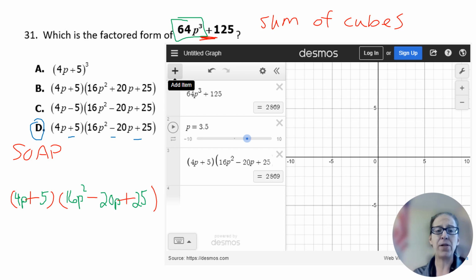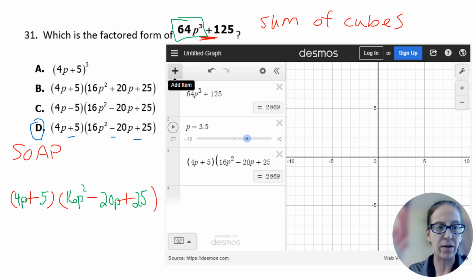Now, when I plug in my first answer choice, 4p plus 5 to the third power, what you can notice is that the two numbers don't match up. Now, if I slide them, you can tell both expressions are changing value, but they're not the same. Now I can try the second one. This actually might be better than doing the graph.